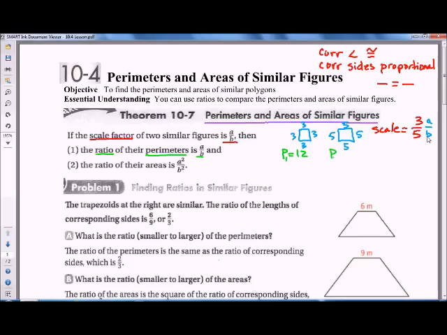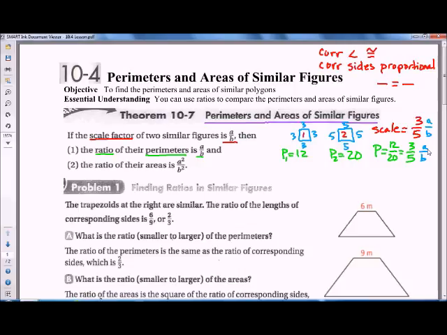Perimeter of figure 1, perimeter of figure 2 is going to be 20. That is going to give us a perimeter ratio of 12 to 20. Now if we reduce this, divide by 4 top and bottom, that gives us a ratio of 3 to 5. Notice this is also A to B. Let's mark figure 1 and figure 2.